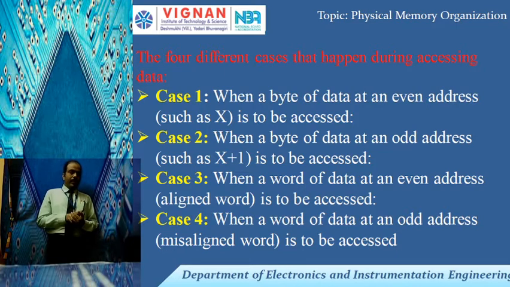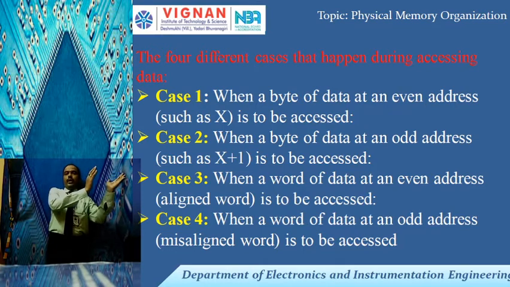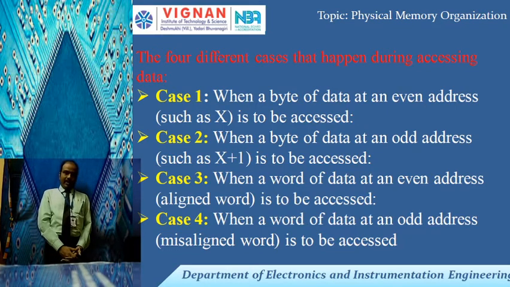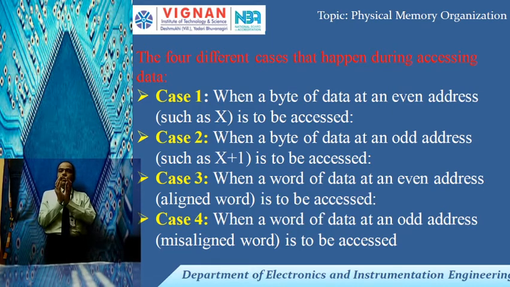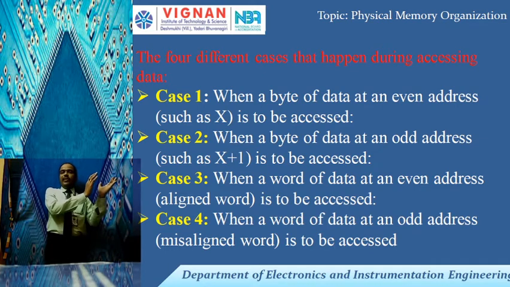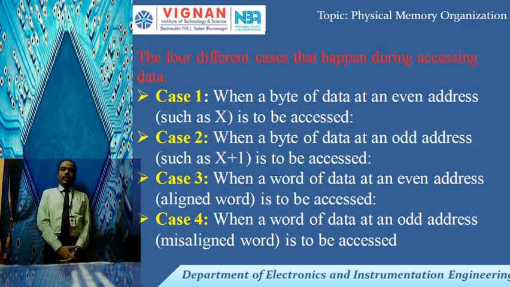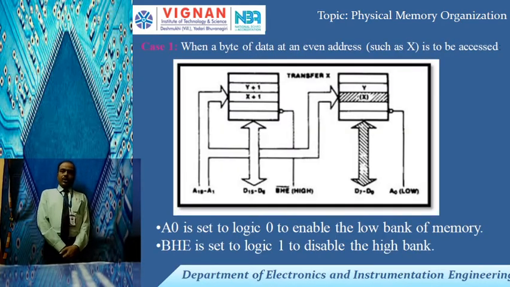Case 3: a word whose address starts at an even address, so the lower byte is available at the even address and the higher byte at the odd address. In the fourth case, a word of data with the lower byte at an odd address and the higher byte at an even address, that is called a misaligned word. First we'll see case 1.